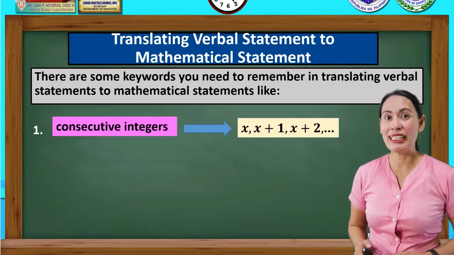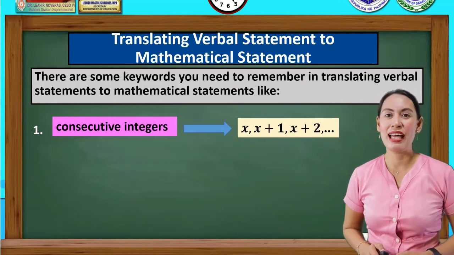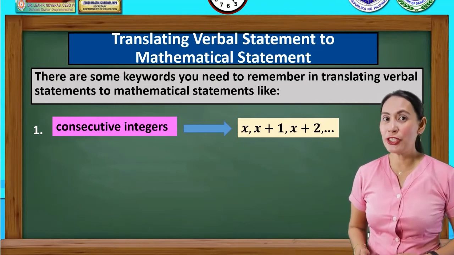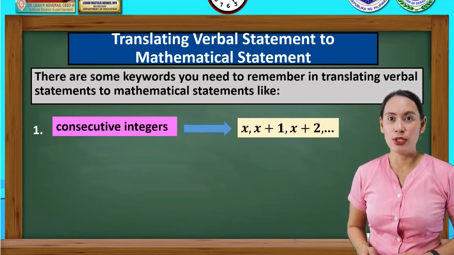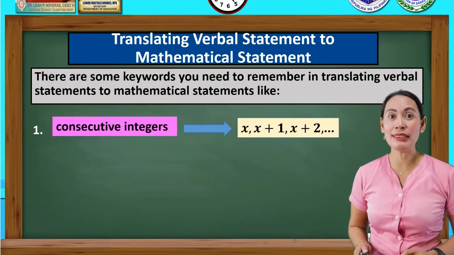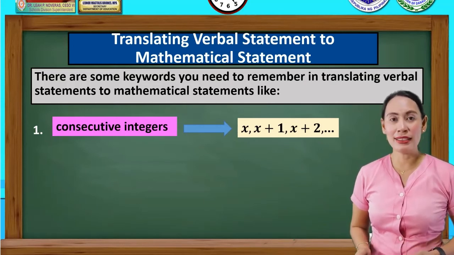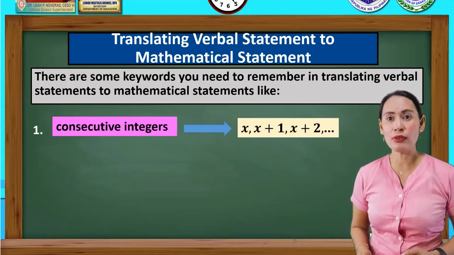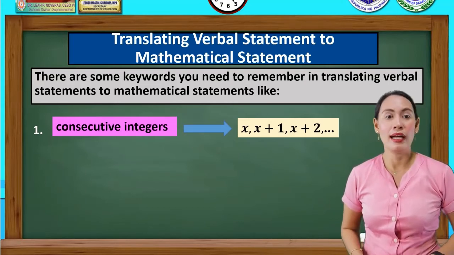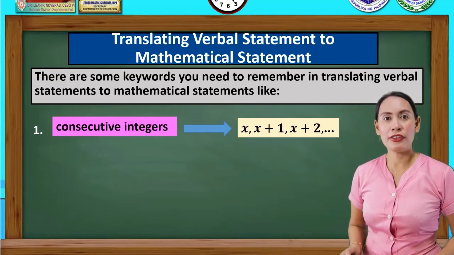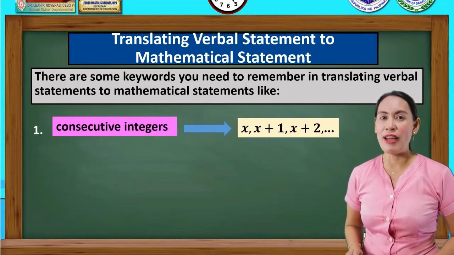So that is equal to 6. And to get the third integer, we add 2 to 5. So the third integer is 7. Thus, the three consecutive integers are 5, 6, and 7. Take note that there are positive and negative integers.